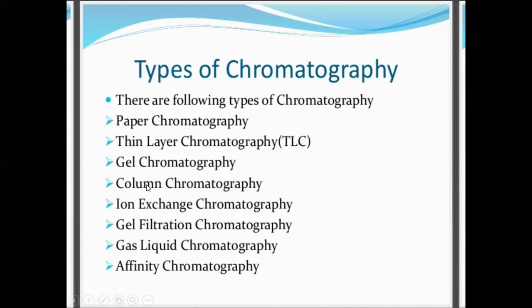And the fourth one is the column chromatography. And the fifth one is the ion exchange chromatography. And sixth one is gel filtration chromatography. And the next one is gas liquid chromatography. And the last one is affinity chromatography. These are different types of chromatographies which can be discussed.